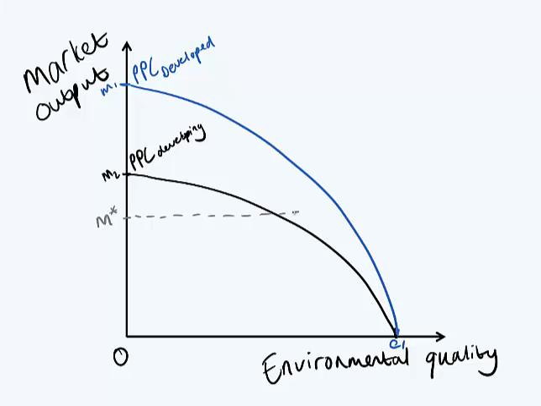Then if they both enjoy the same size economy, due to the higher PPC curve of developed countries, they would enjoy a higher environmental quality, let's call it E2, than developing countries would enjoy, E3. So can you see, because of the lower PPC curve of developing countries, they automatically enjoy a lower environmental quality, even if they have the same market output.